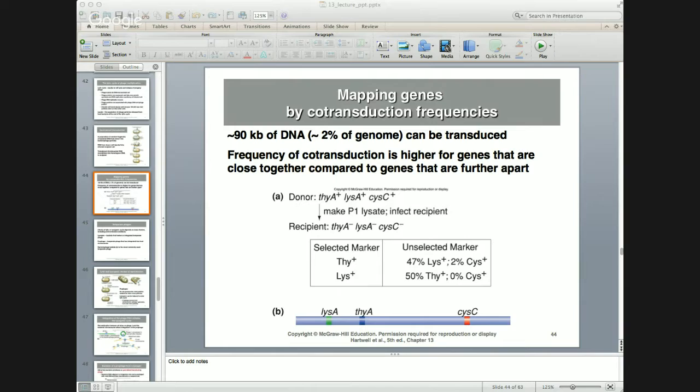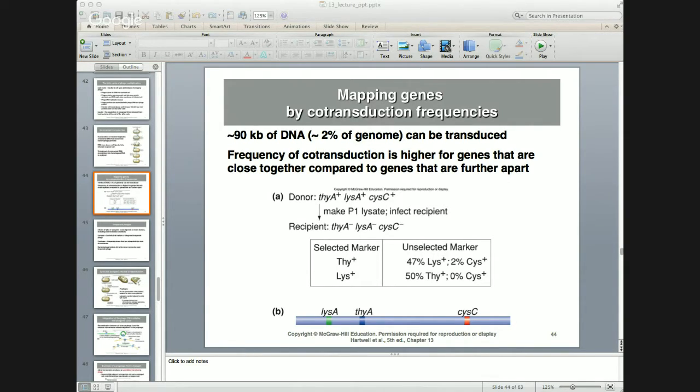So a bacteriophage can either take part in a lysogenic cycle or the lytic cycle. The lytic cycle occurs where the bacteriophage enters the bacterium, digests the bacterial chromosome, makes more phage particles, and then destroys the bacterium. That's the lytic cycle.